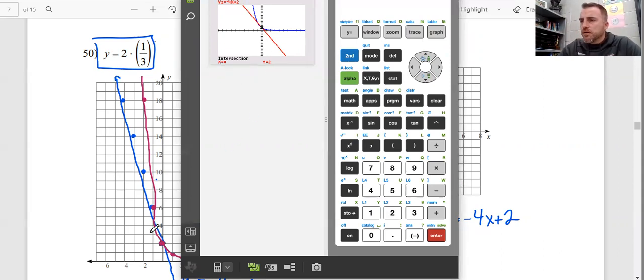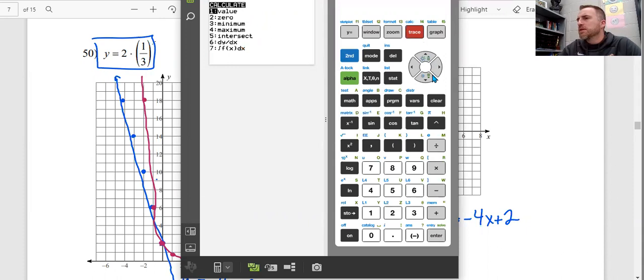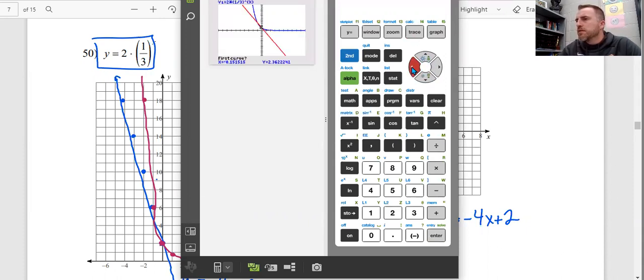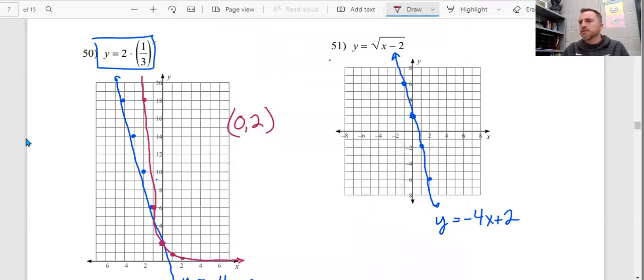But if you look at our graph and you look at this graph, it looks like there might be another one. So we hit second trace, go to intersect again. This time I'm going to move the cursor a little bit up this direction to see if there's another one. And there is another one at -1, 6.